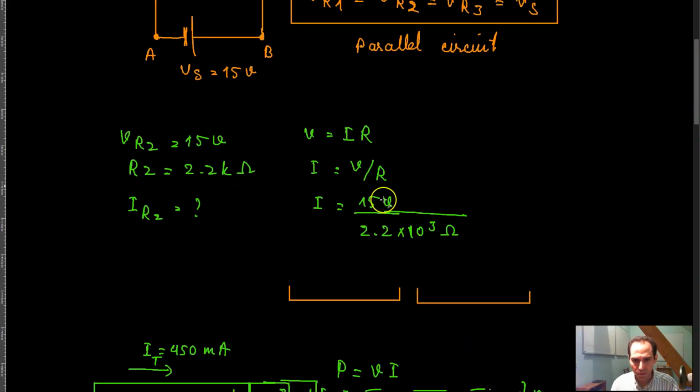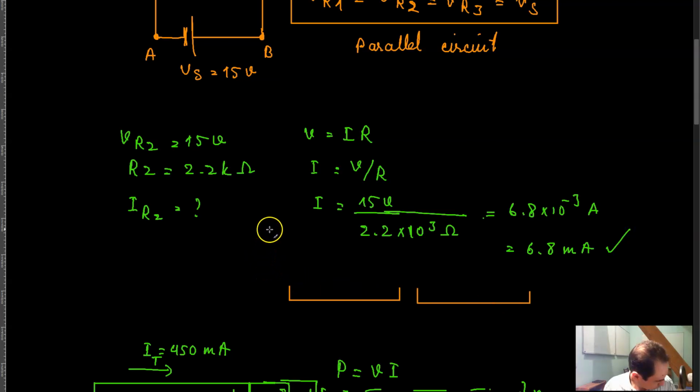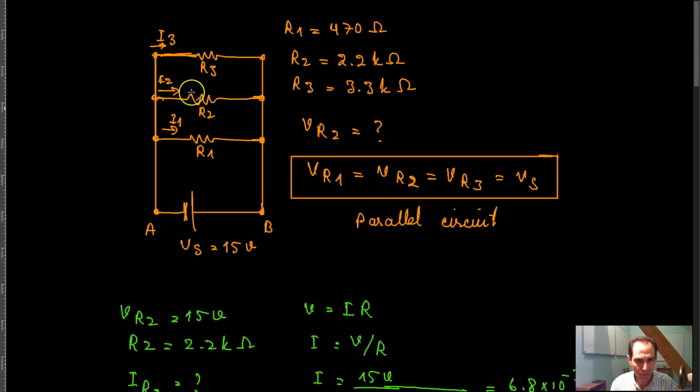Which gives you something like 7 milliamps, I suppose, right? 15 divided by 2.2 is 6.8. That is 6.8 times 10 raised to the power negative 3 amps, which is 6.8 milliamps, right? So that is the current that is going through this resistor over here. Very simple.